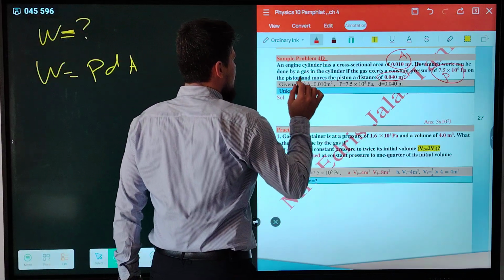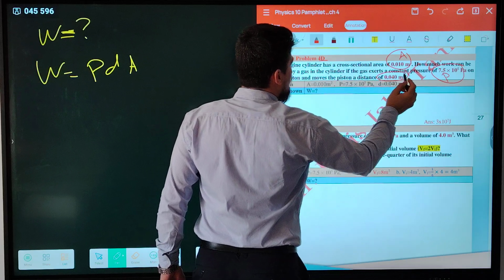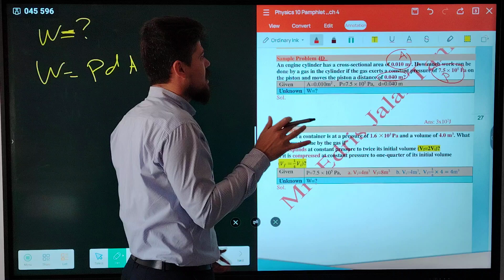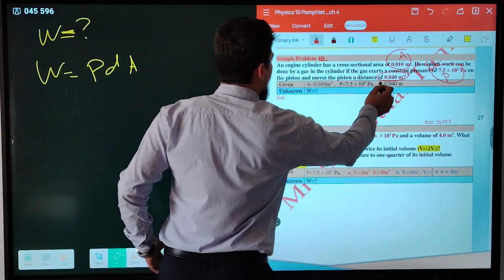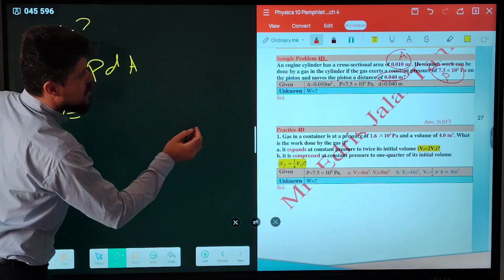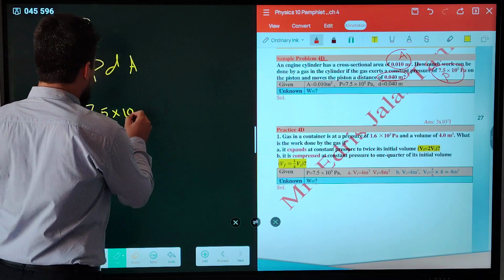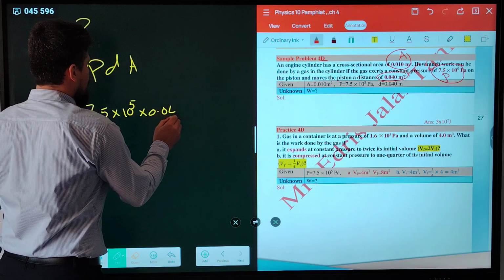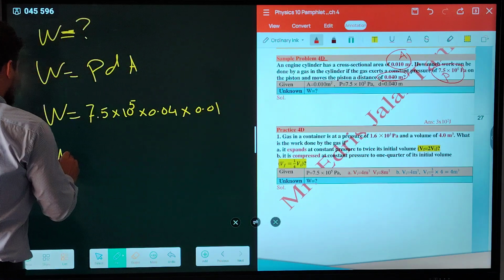If the gas exerts a constant pressure on the piston and moves the piston a distance of 0.04 meter, this distance should be negative, but it is okay, it doesn't matter. So work is equal to what? Do we have pressure? Yes, 7.5 times 10 to the power 5, times distance 0.04, and area was given as 0.01.